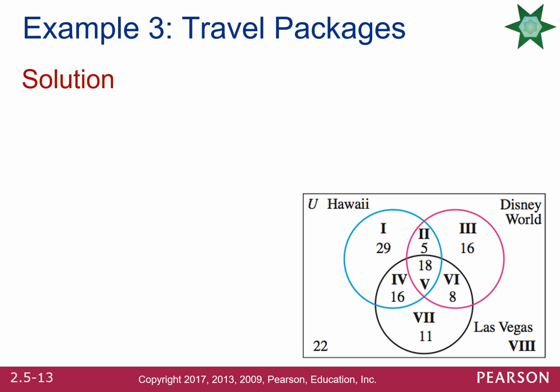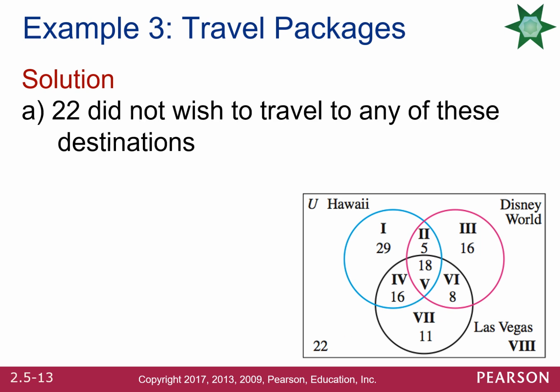So now we will answer the questions that they had asked previously in the problem. So far we just drew our Venn diagram and filled all the regions with the numbers. Now let's look at the questions one by one. Part A asked, how many did not wish to travel to any of these destinations?